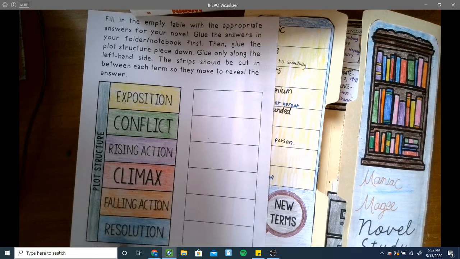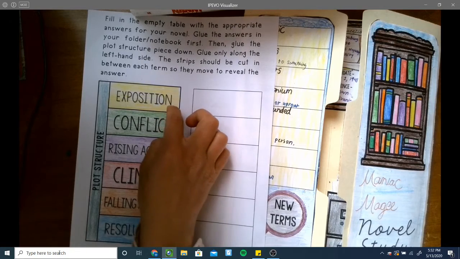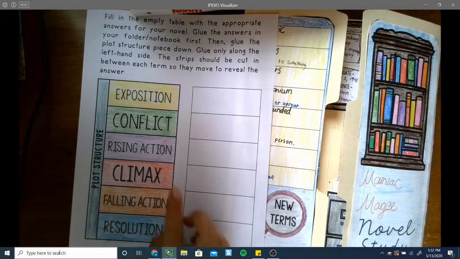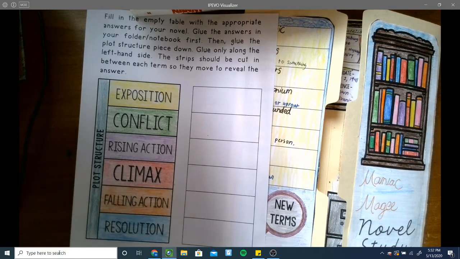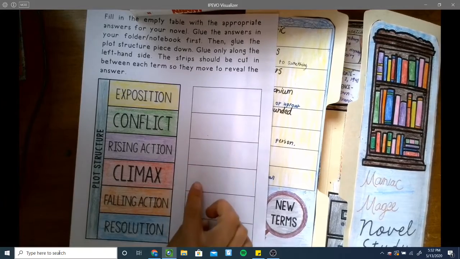So I am going to talk about each of these elements: the exposition, the conflict, the rising action, the climax, the falling action, the resolution, which are all part of the plot structure right here. And then you, by yourself, are going to fill in each of these for Maniac Magee.